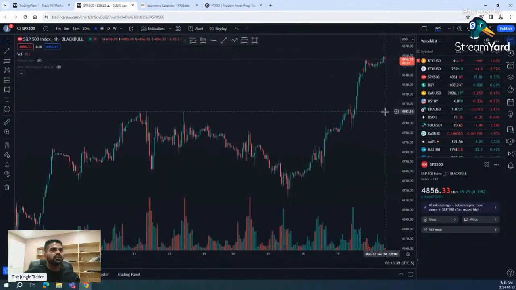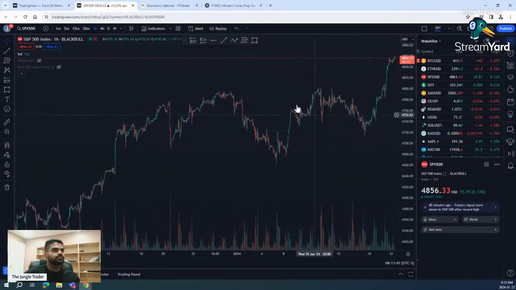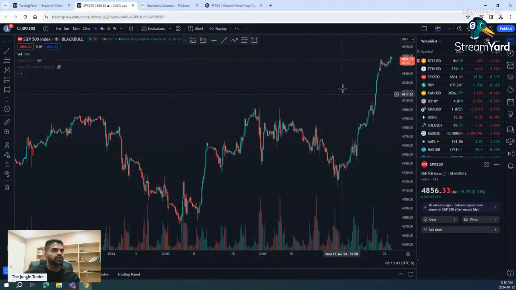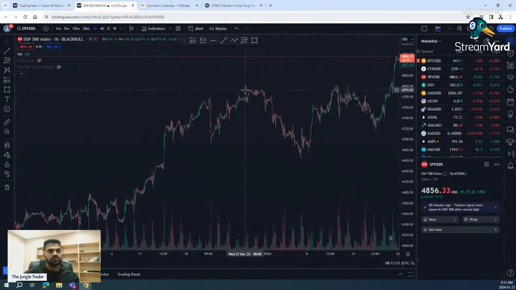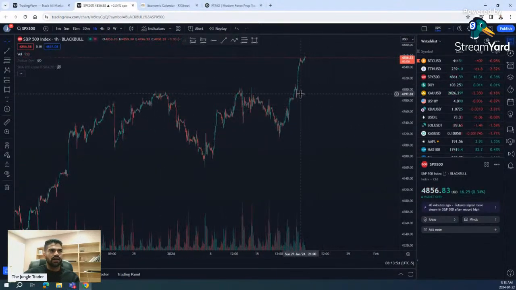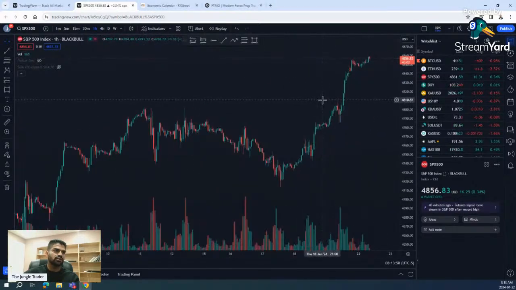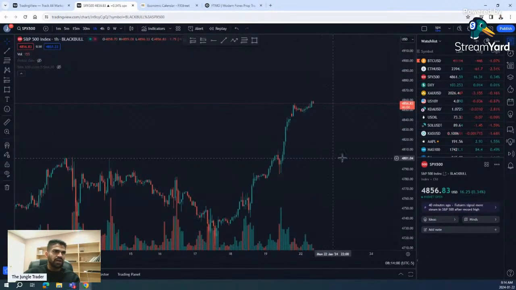Let's go on the hourly. So for sure we have a zone here, but typically the way we draw these zones is looking at the current move. If the previous move somehow aligns based on the zones you draw or the supports that you draw on your current move, that'd be ideal.